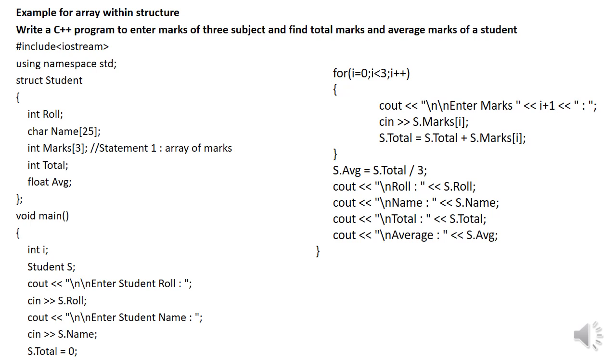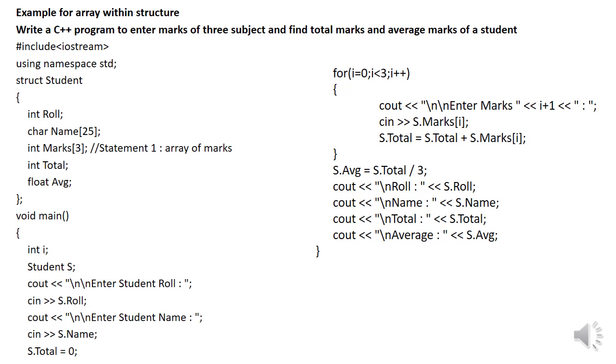the array variable marks. So for accepting the first subject marks, you want to use s.marks[i], where the i value initially is 0, so that will accept the marks of the first subject. Then when the i value becomes 1, it will accept the marks of the second subject, like s.marks[1].